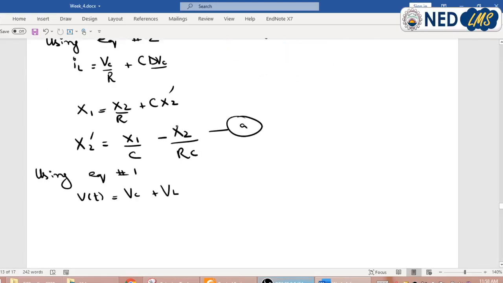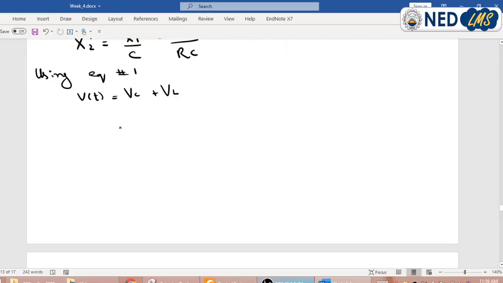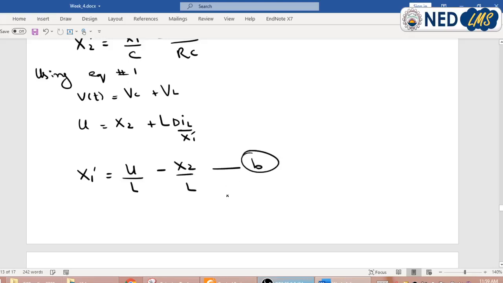So the applied voltage V of t is my state variable U, VC is basically state variable x2, and VL can be written as L dIL. This dIL is basically x1 dash. IL is x1, dIL will be x1 dash. So x1 dash can be written as U by L minus x2 by L. This is my equation B, the second state equation.